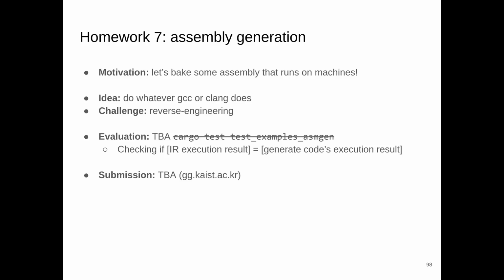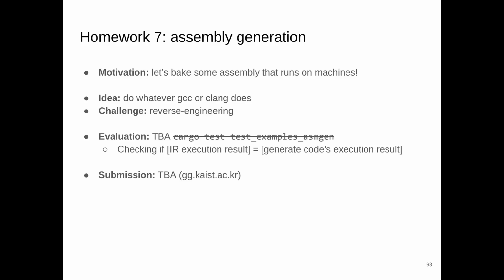And the idea here is that you can do the homework like this. Given a C program, you first go to the Compiler Explorer and see what happens when it is compiled with GCC or Clang. And we are going to do whatever they do in KCC. You implement something in KCC that does exactly the same thing as GCC and Clang do.